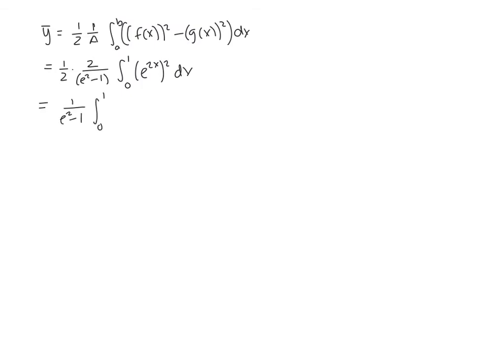And you have to remember your rules for exponents. E to the 2x squared, those exponents multiply and you get e to the 4x. So when we anti-differentiate e to the 4x, you get 1/4 e to the 4x. So 1 over 4 times e squared minus 1 multiplied by e to the 4th minus 1.